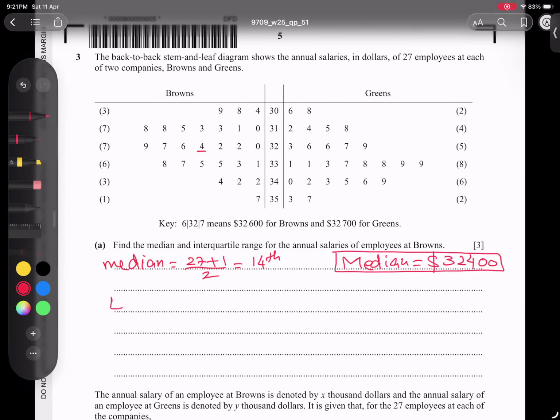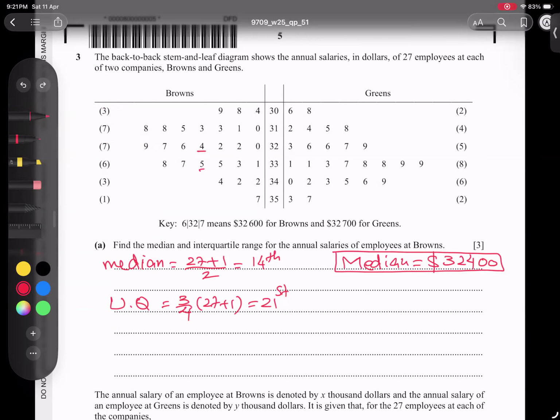Let's talk about the first part, the upper quartile. The formula is 3/4 of n plus 1, and 27 plus 1, so 4 sevens are 28, 21. The 21st term is what we are looking for. So let's count: 10, 17. Hold on. 17 values is the last 17, then 18, 19, 20, 21.